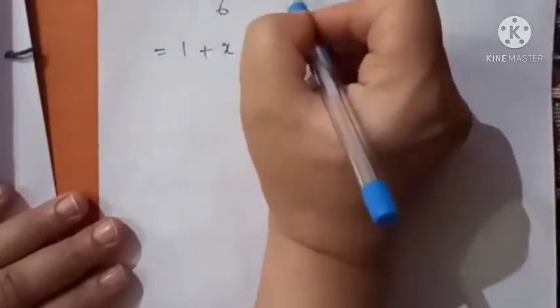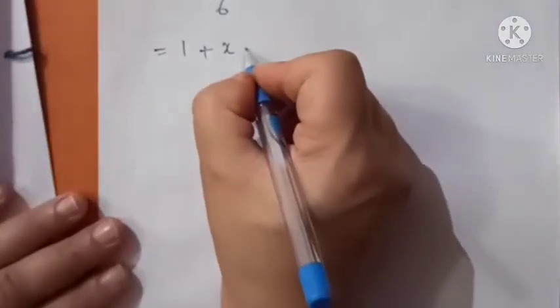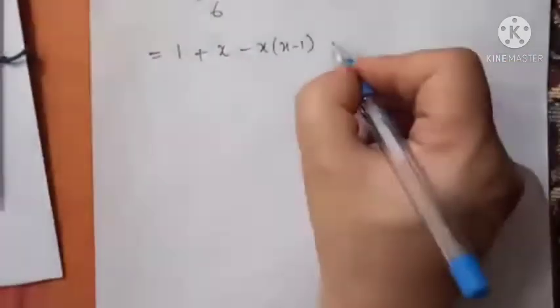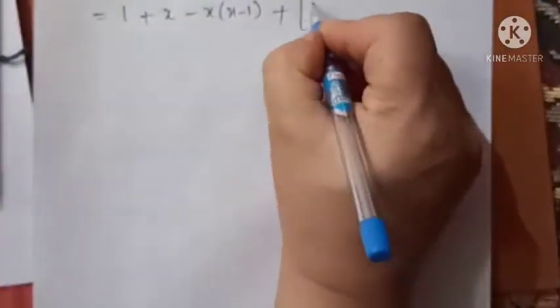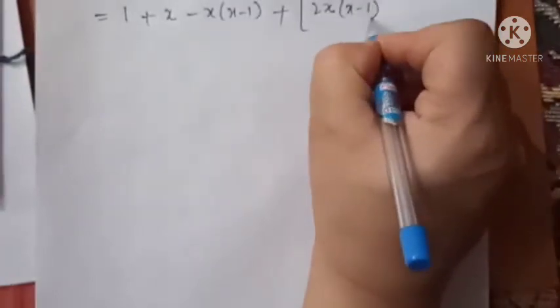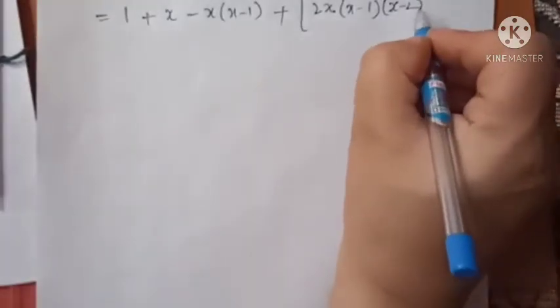The 2 and this 2 will cancel. This is a minus, so minus x into x minus 1. Okay, plus 6 ones are 6, 6 twos are 12. So this will be 2x, x minus 1 and x minus 2.